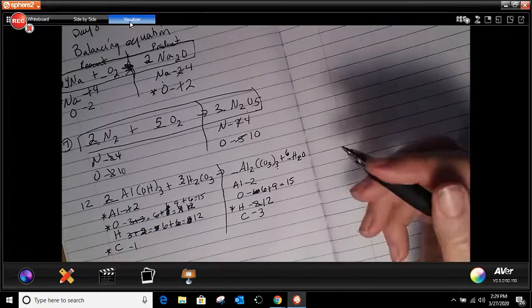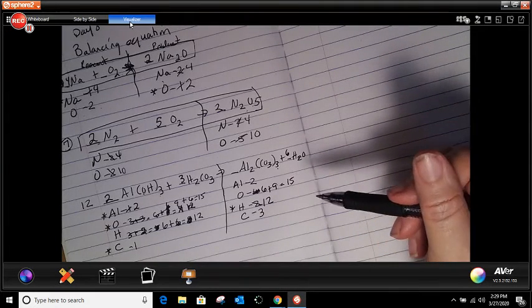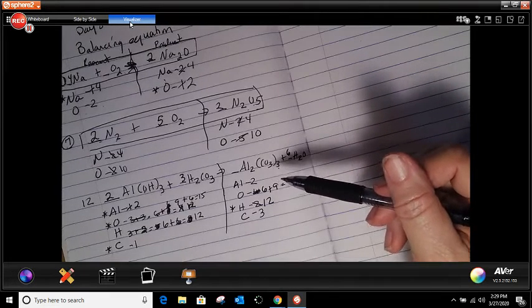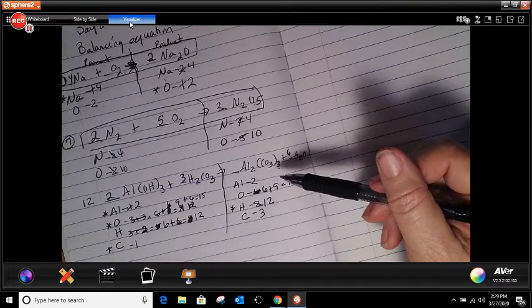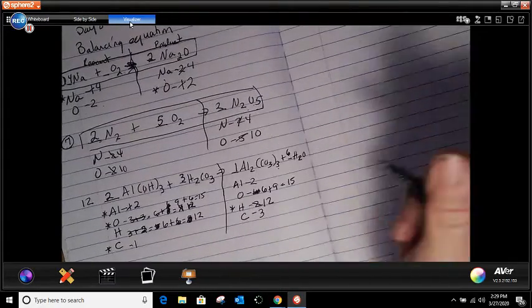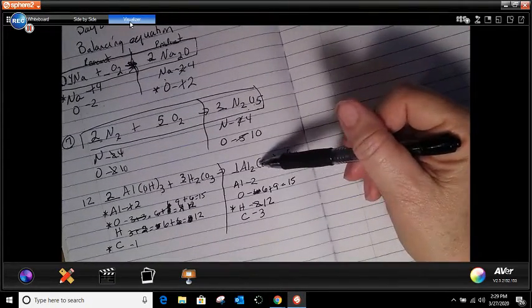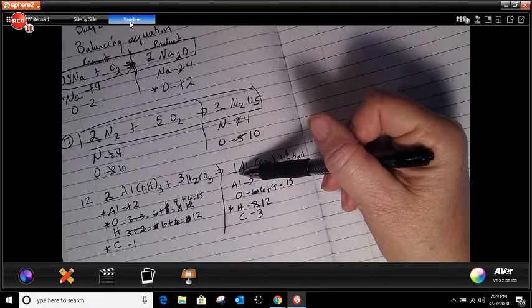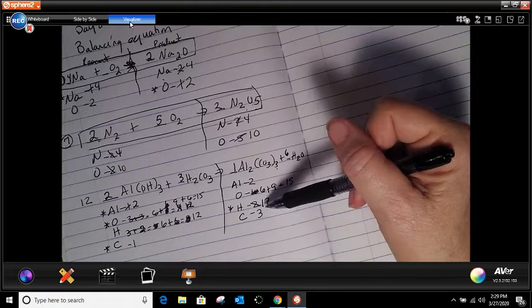Perfect. So then the next thing I want to look at is my carbons. On this side, if I just put a 1 here, my Al stay the same. My carbons are going to change, right? So 3 plus 1, which is my 3, right guys?